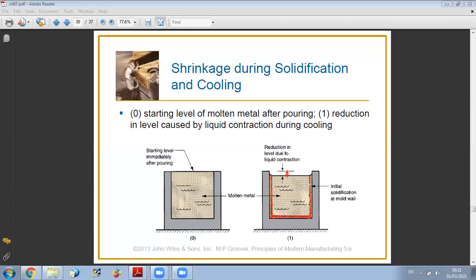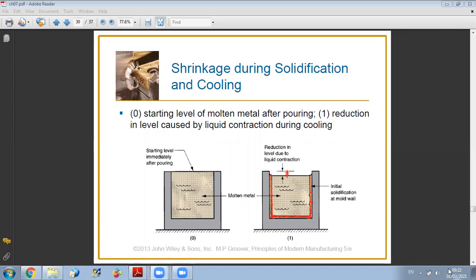The reduction then will be in height. So in general, the shrinkage will be a reduction in height. In case it is not, we will specify in the problem. We will tell you, and it will be clear if shrinkage is in one dimension or in several dimensions. So this is about the first shrinkage step.